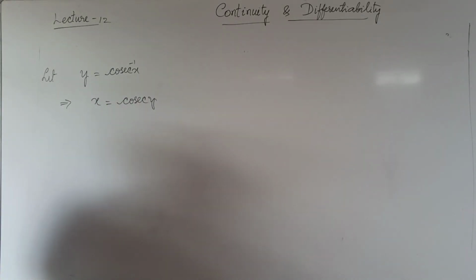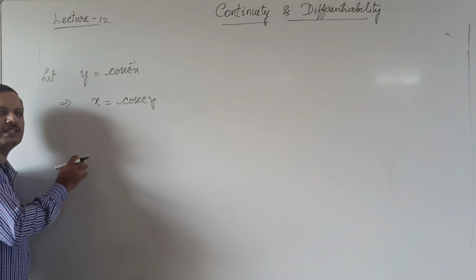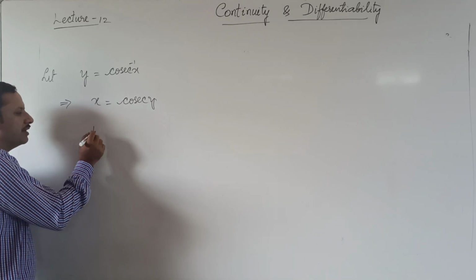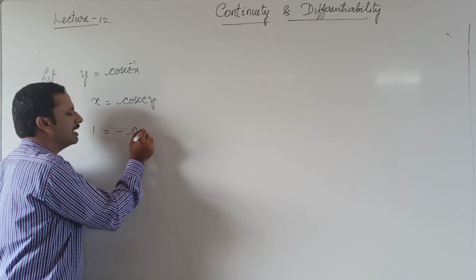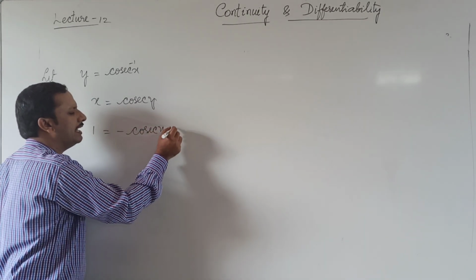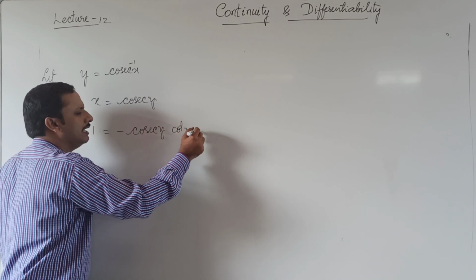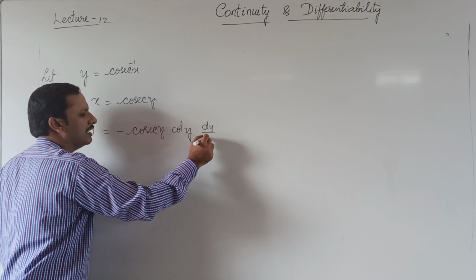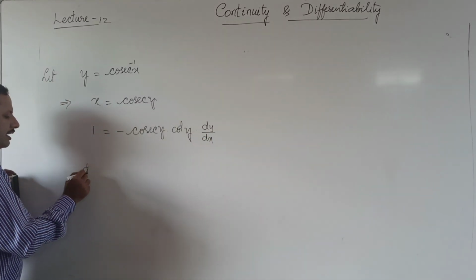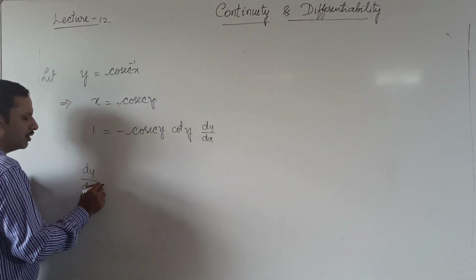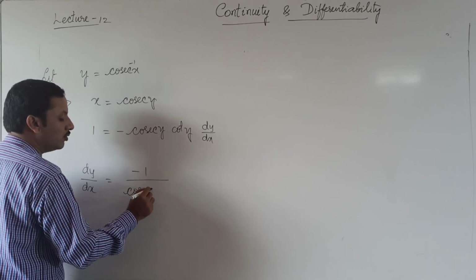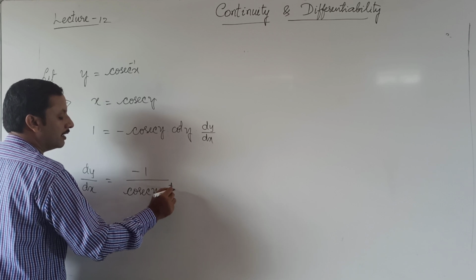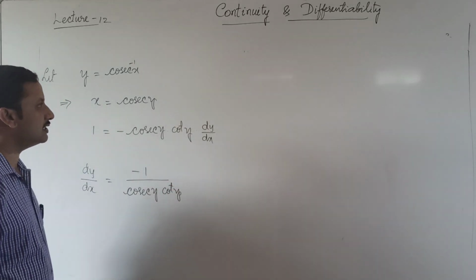Differentiating with respect to x, we get 1 is equal to derivative of cosecant y, which is minus cosecant y into cot y into dy by dx. So from here I can write dy by dx is equal to minus 1 by cosecant y into cot y. Cosecant y I will keep it as it is.